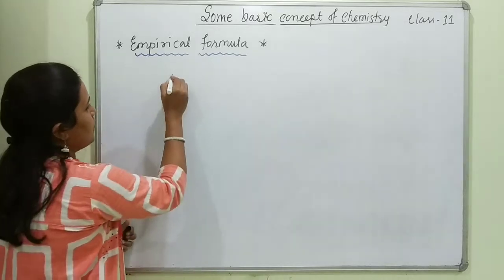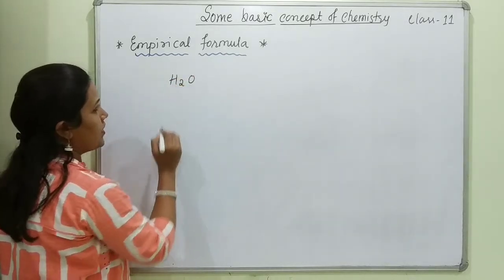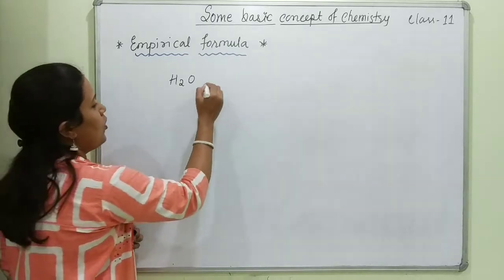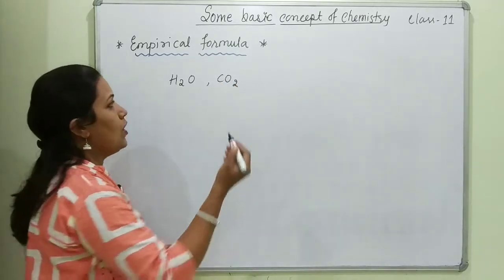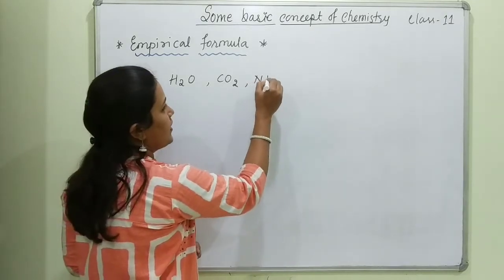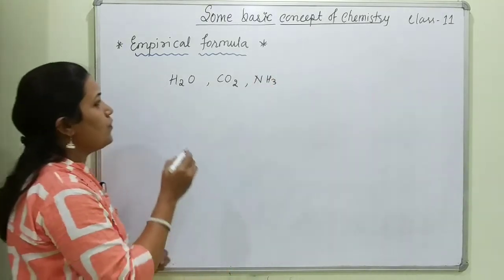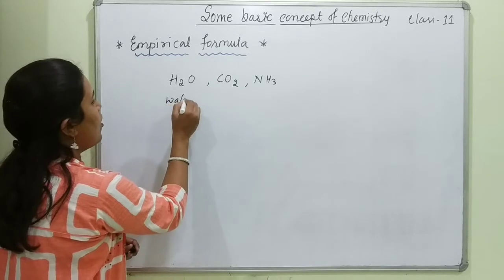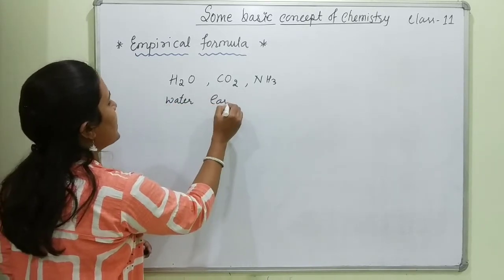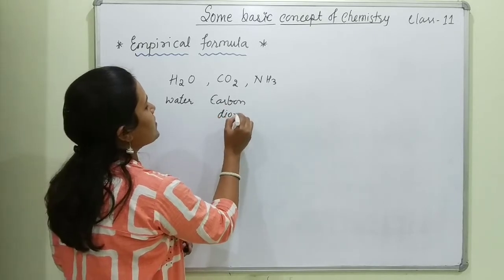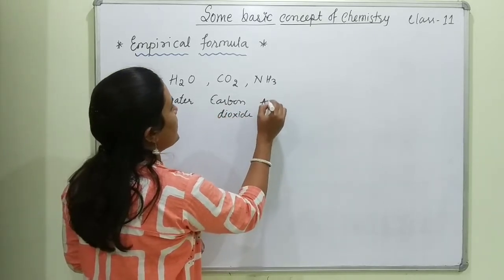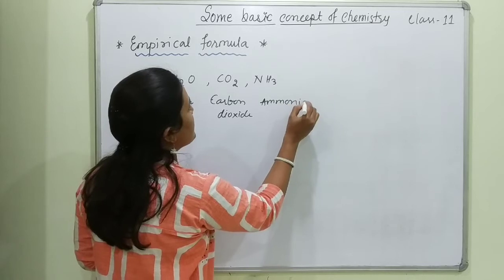As we know, the formula of water is H2O, the formula of carbon dioxide is CO2, and the formula of ammonia gas is NH3. When we see these formulas, what can we observe?